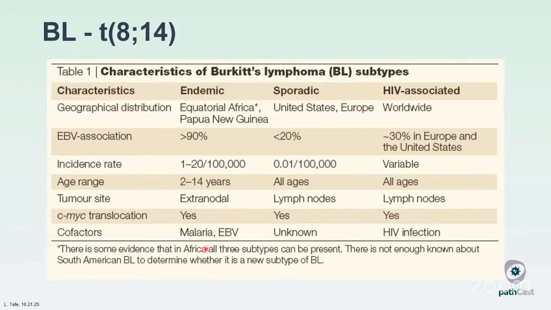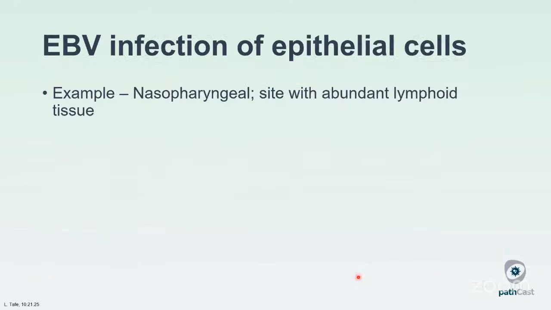It's really thought that malaria plays a role in the development of EBV-associated disease, such that chronic malaria infection might lead to immune suppression, giving EBV an opportunity to flourish in the particular patient and develop into a cancer. We also have sporadic and HIV-associated types of Burkitt's lymphoma, which I'm not going to go into in more detail here.